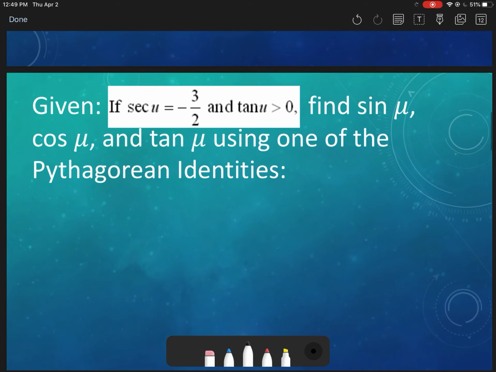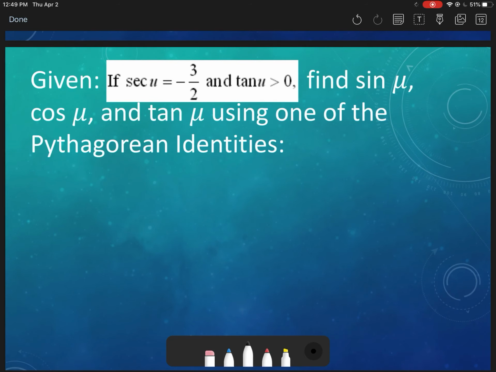On to the next question here. Okay, given: we have here secant of u is equal to negative 3/2 and the tangent of u is greater than 0. Find sine, cosine, and tangent using one of the Pythagorean identities. Okay, so let's talk about what Pythagorean identity we can use here.